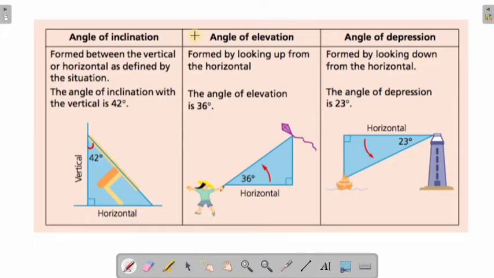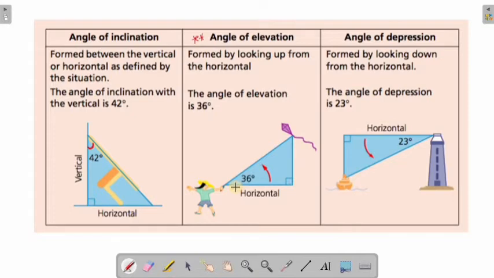Now a very important concept is angle of elevation. Whenever there is something called angle of elevation, what you need to remember is it is formed by looking up from the horizontal. Again we have horizontal and vertical.